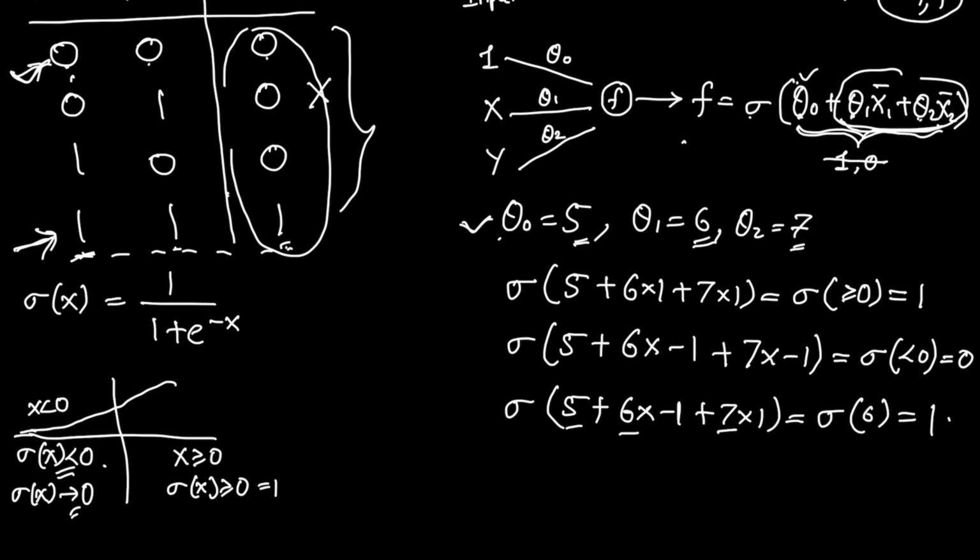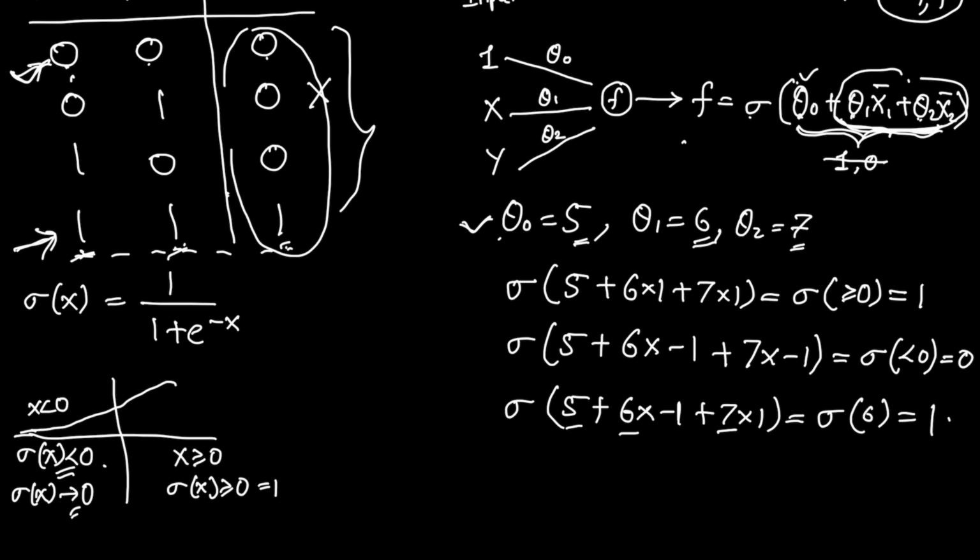Similarly for 1 and 1, I get a positive output. That means if both are 1s, this sum should be very high positive in comparison to theta naught, therefore the entire sum would become positive and we will get a positive output.